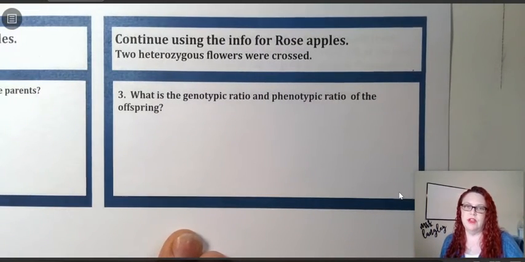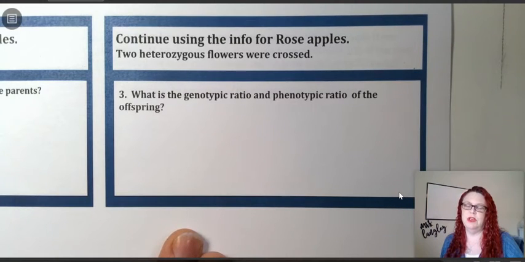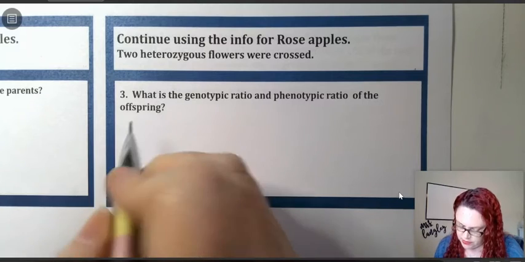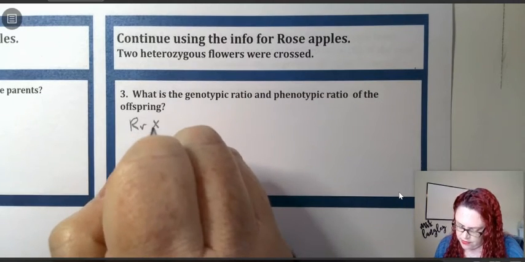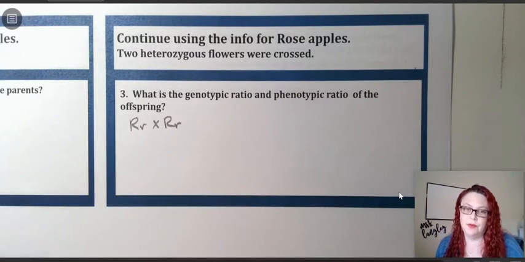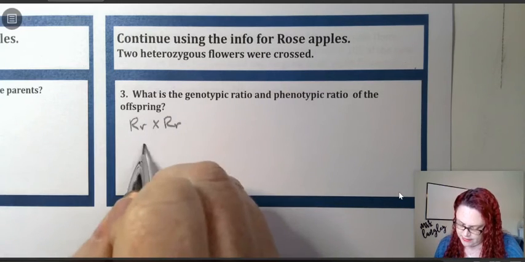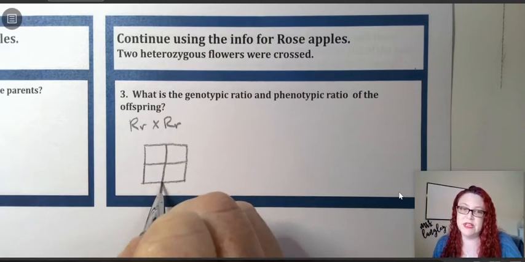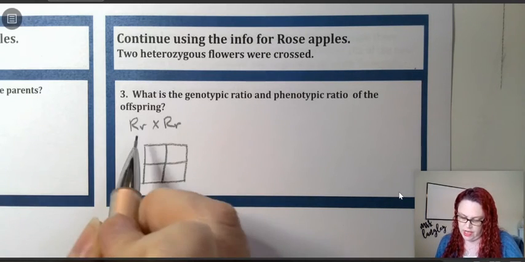So in the cross of those 2 heterozygous, what is the genotypic and phenotypic ratio of the offspring? Well, that means we need to do the cross. So if I have these individuals and I want to make a cross with them, first thing I have to do is figure out what the gametes are. I have 2 letters here.